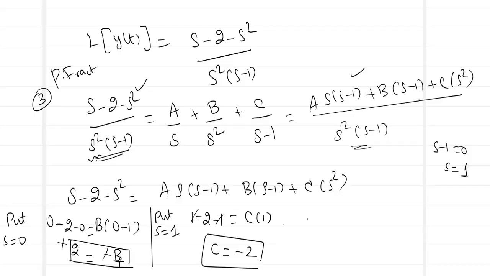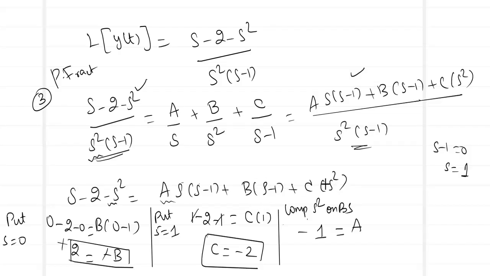I have estimated B, I have estimated C. So what will be the value of A now? How can I get the value of A? Only two factors are there, so let us go for the comparison. Let us compare the coefficient of s square on both sides. On the left hand side, the coefficient is minus 1. On my right hand side, the coefficient of s square is A. B doesn't have an s square, so ignore it.